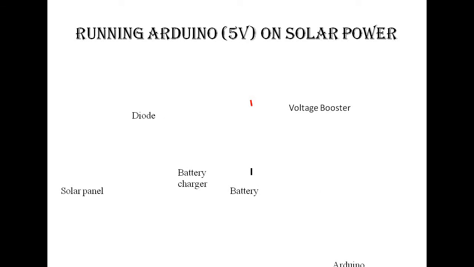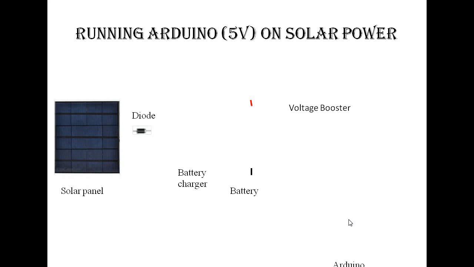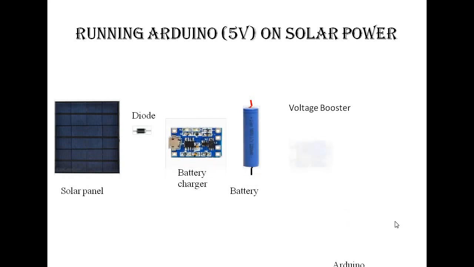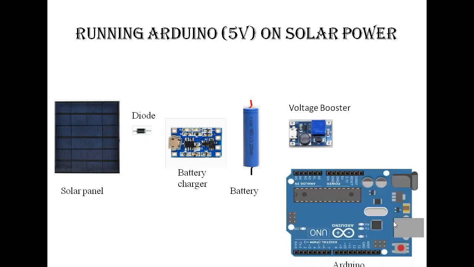Then running Arduino on a solar panel. So this is a simple diagram. This is similar to the previous diagram, we just connect the voltage booster circuit to the Arduino board.